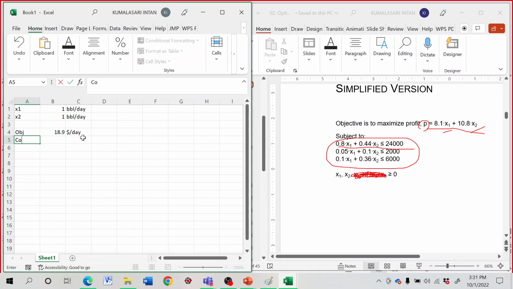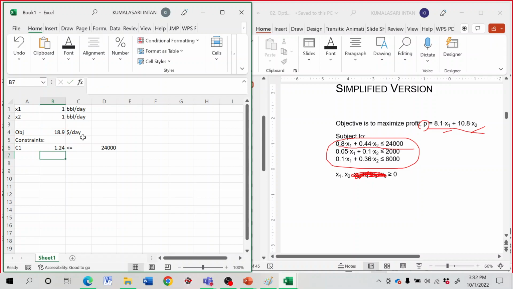So the first constraint, constraint number 1, says that it has to be lower than or equal to 24,000. This is 0.8 times x1 plus 0.44 times x2.